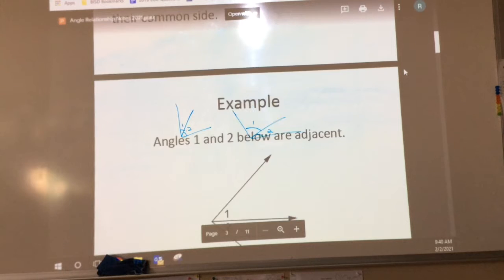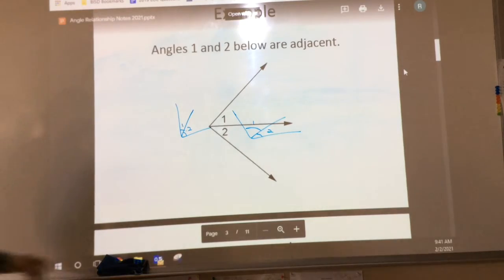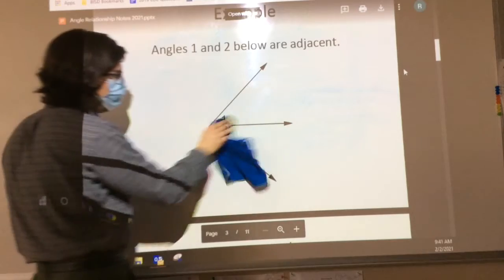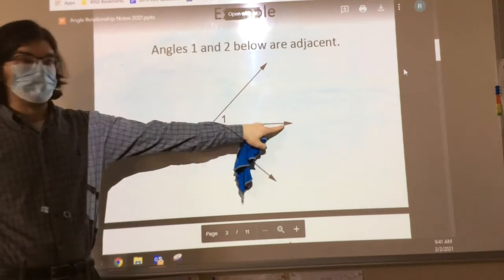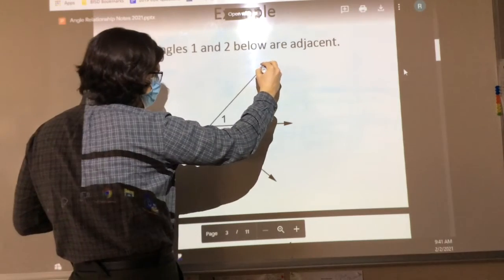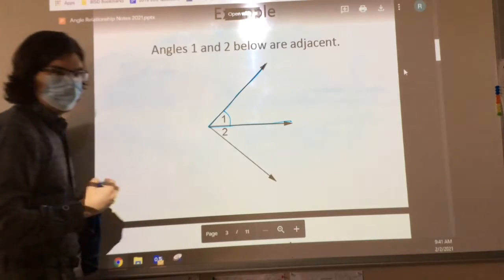Up next, we have an example of adjacent angles. And we can tell that they are adjacent because they share one side. Do we agree that they're both sharing this side right here? So if I wanted to actually draw this out, we could have my blue one be angle 1, because this is the angle right there. We all see that.